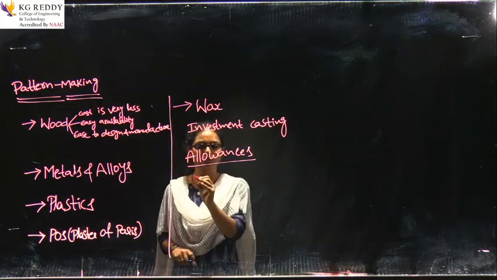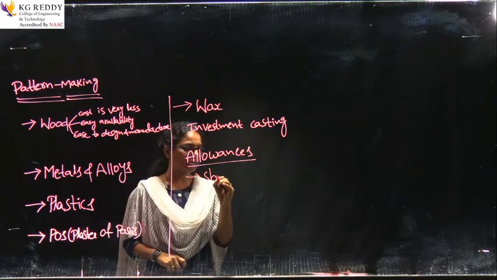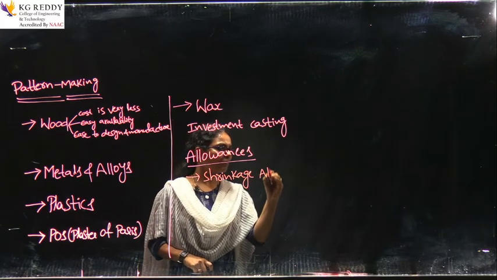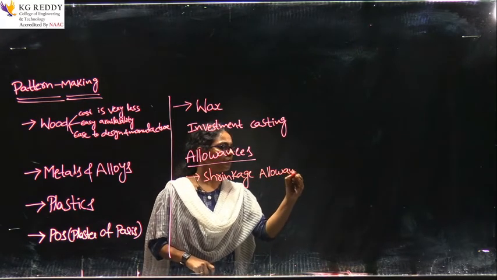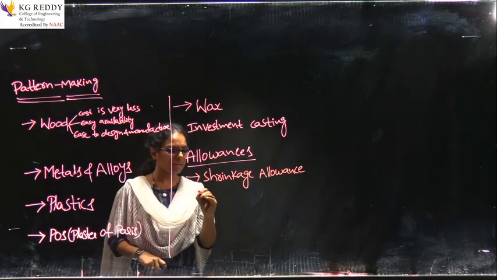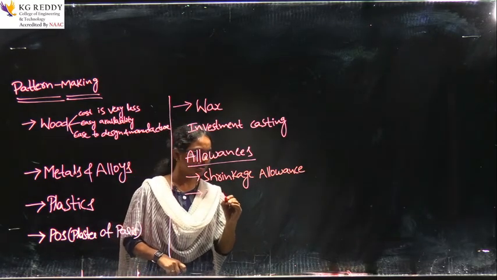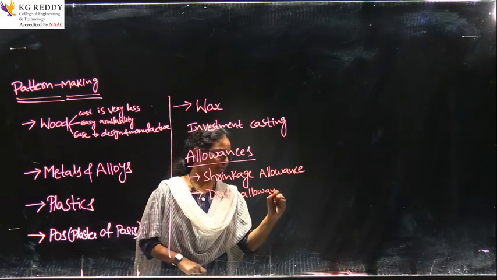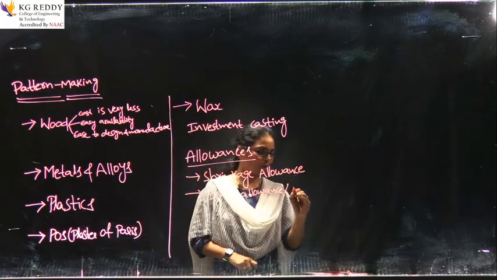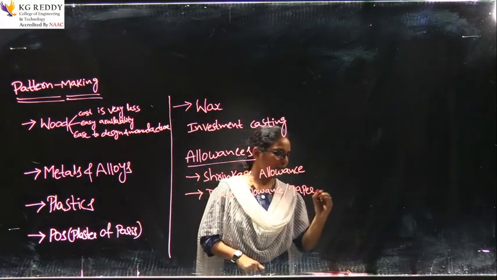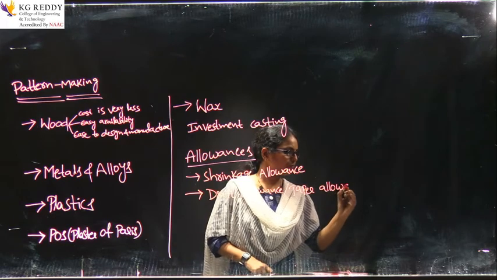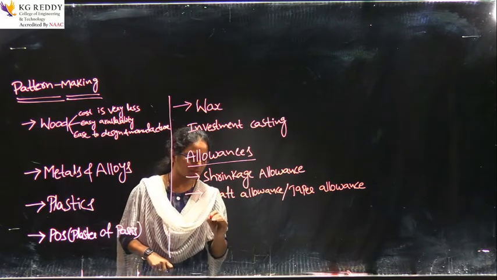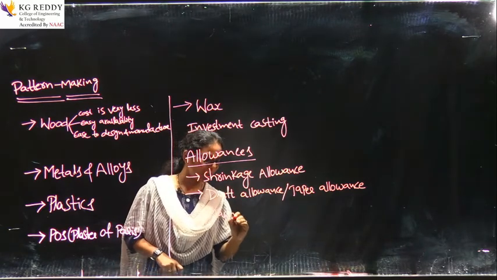In that, the first one will be shrinkage allowance. The second one is draft allowance. This draft allowance is also called taper allowance. The third one is machining allowance.